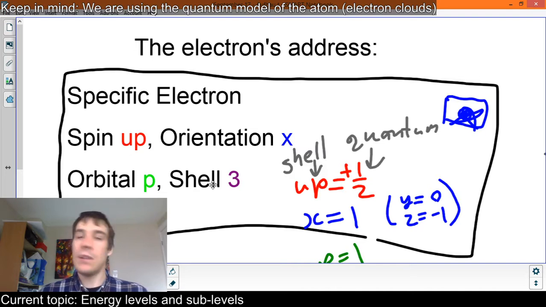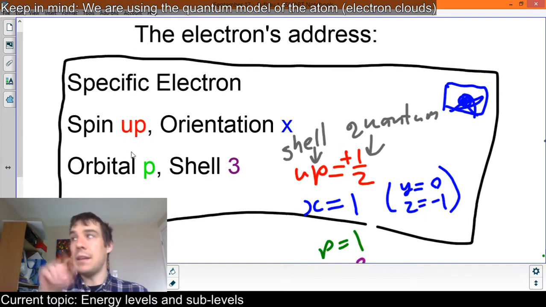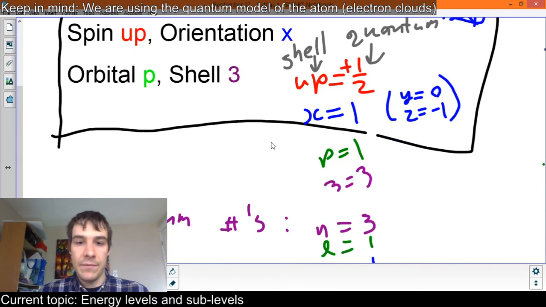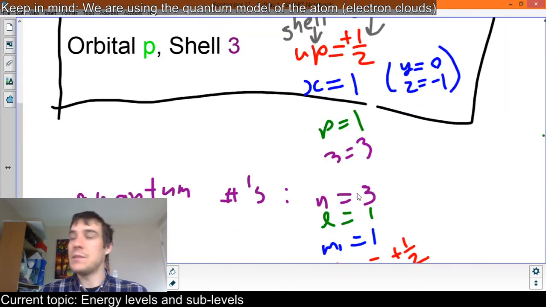You could be in shell 3, this orbital, this orientation, and then this particular spin, and it gets more specific, kind of like in your address, you have your house number, then your street, then your city, then your province, same kind of idea.